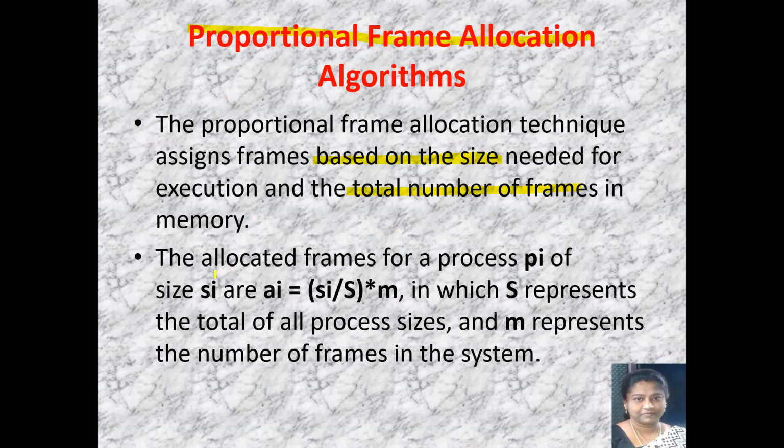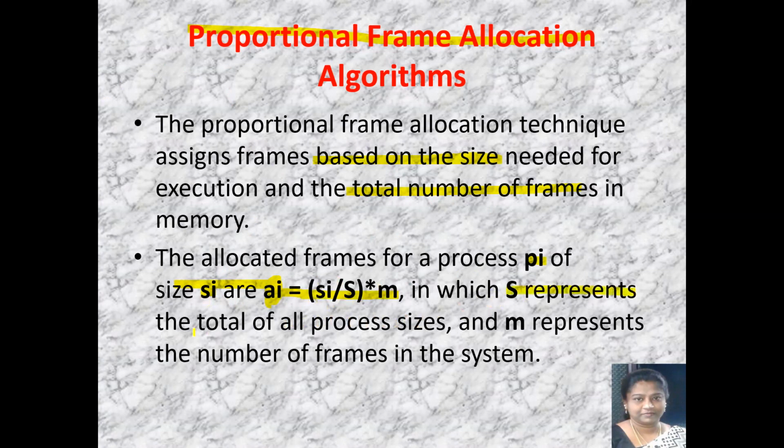So I allocate frames based on a formula. If my process is Pi, and the size of my process is Si, then ai, which is the number of frames allocated to process Pi, will be calculated as Si divided by S, multiplied by m, where small Si is the size of the process Pi, and capital S is the total size of all the processes put together.